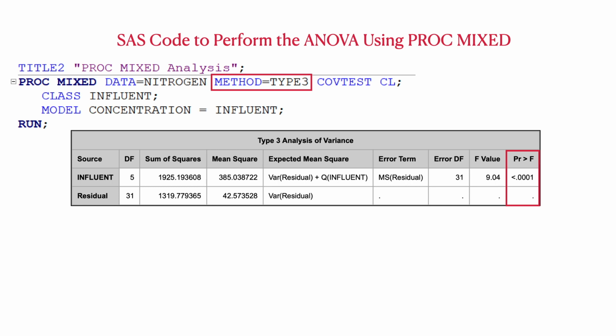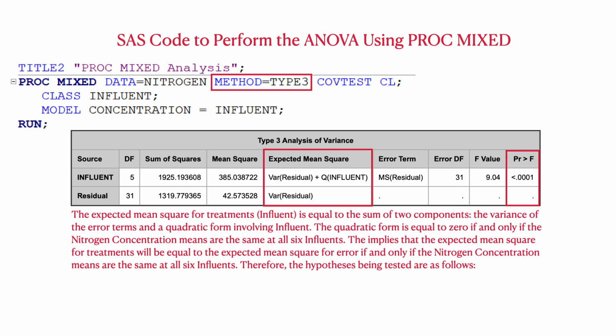Well, to answer that question, we need to look at the expected mean square column. The expected mean square for treatments, influent, as we can see here, is equal to the sum of 2 components, the variance of the error term and a quadratic form involving influent. This quadratic form is equal to 0 if and only if the nitrogen concentration means are the same at all 6 influents.